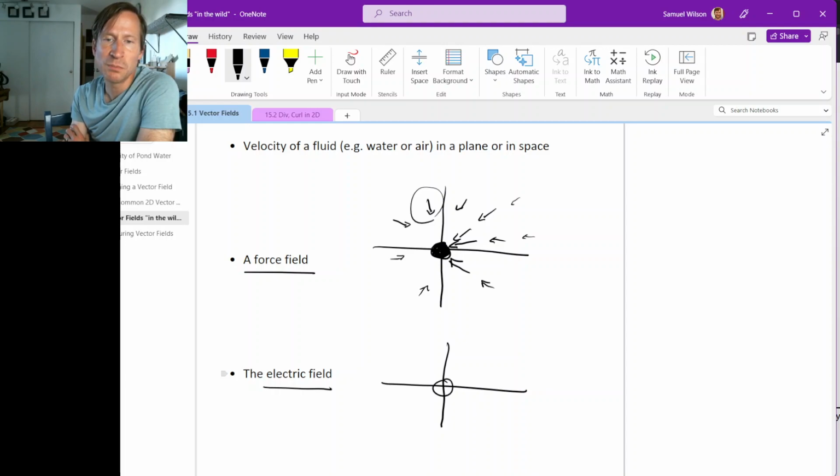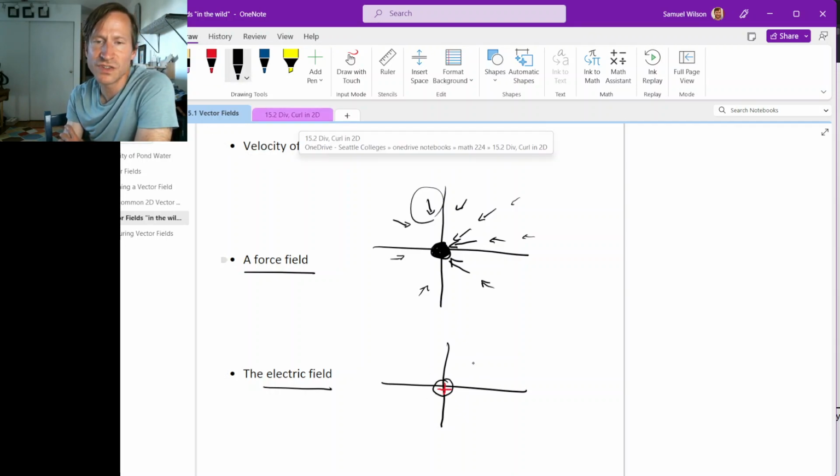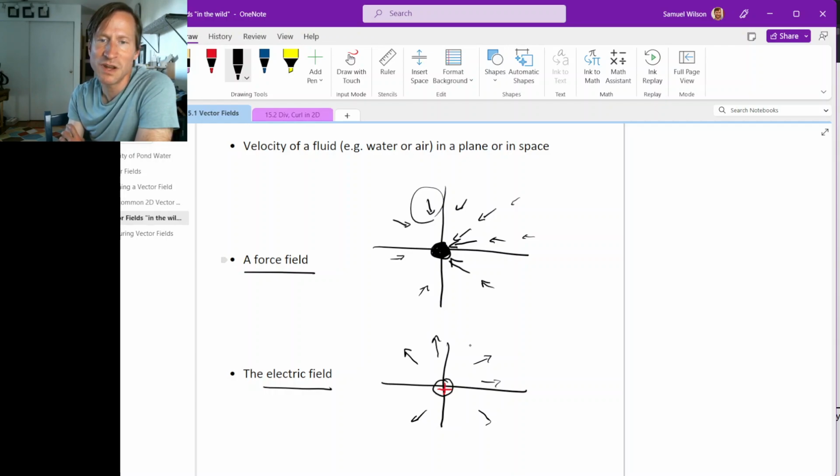So for example, if we put a positively charged particle at the origin and fix it there somehow, it produces a vector field called the electric field that points away from this charged particle. The further you get from the charged particle, the weaker the electric field is, and so the vectors get shorter.